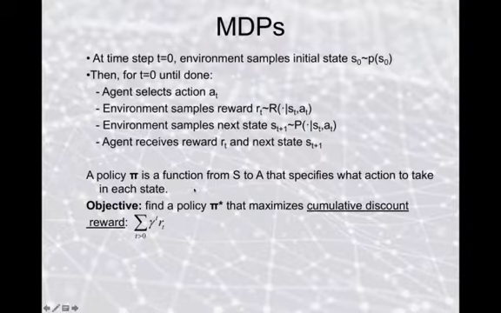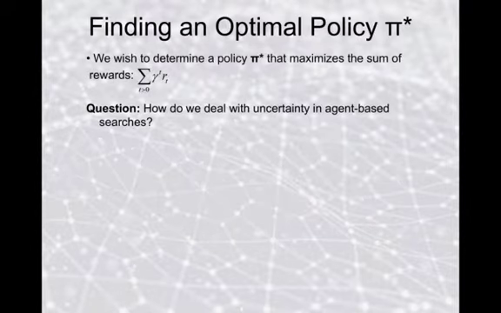Technically speaking, it's a function from states to actions, and it specifies what action an agent should take in a particular state. We can describe this probabilistically if we have a non-deterministic agent, for instance. And the objective, again, is to find the best policy possible. We'll denote it, as is commonly done in the literature, with pi star. This would be the policy that maximizes cumulative discounted reward.